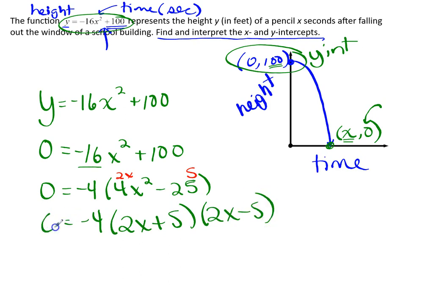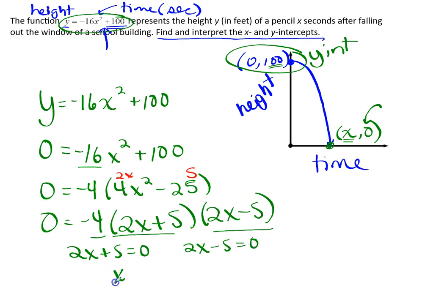And this equals 0. Well, if this times negative 4 equals 0, I know that 2x plus 5 equals 0, and 2x minus 5 equals 0. When I solve those equations, I get negative 5 halves and positive 5 halves.